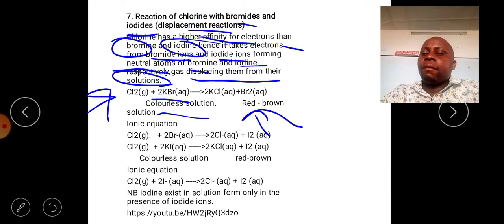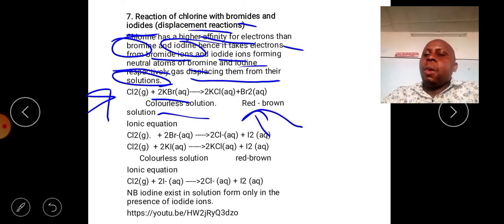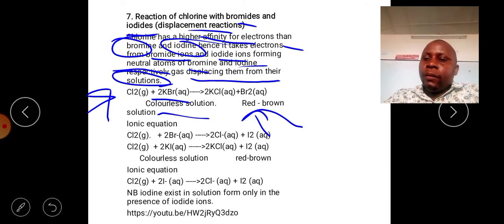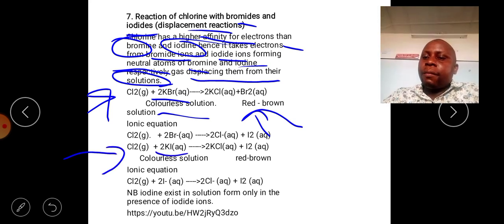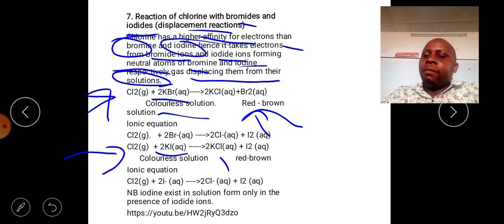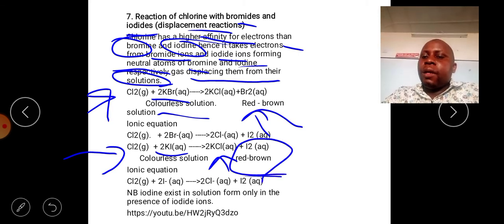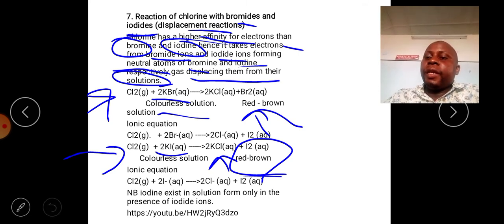On the other hand, when chlorine is bubbled through potassium iodide, we saw that there is formation of potassium chloride and the red-brown iodine. This is an example of a displacement reaction.